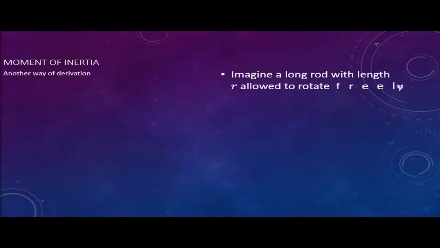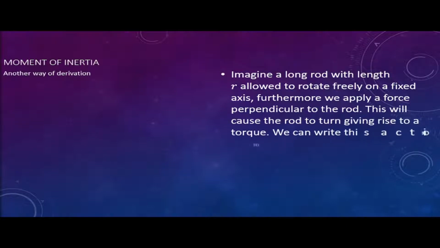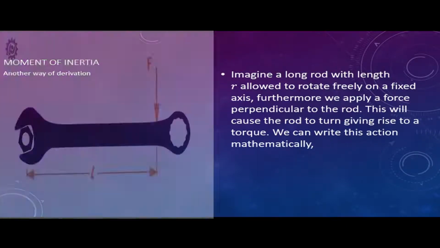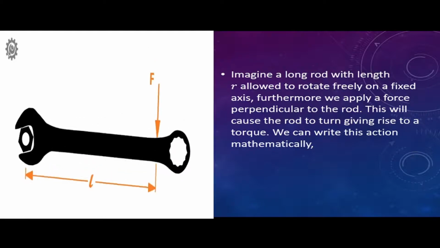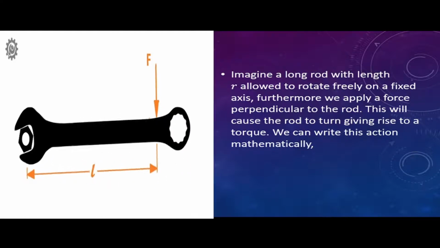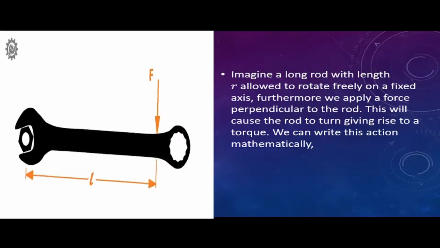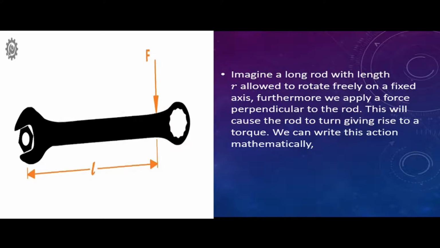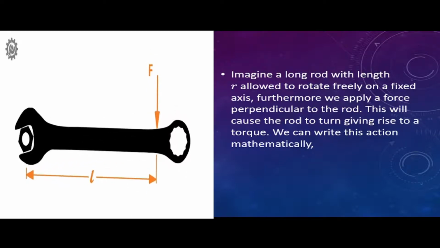There is just another way of deriving the formula, and we can do that by using our imagination. All right, so imagine a long rod or a long wrench, just like this, that is allowed to rotate about a fixed axis, and furthermore, we apply a certain amount of force that is perpendicular to the rod, giving rise to a torque.